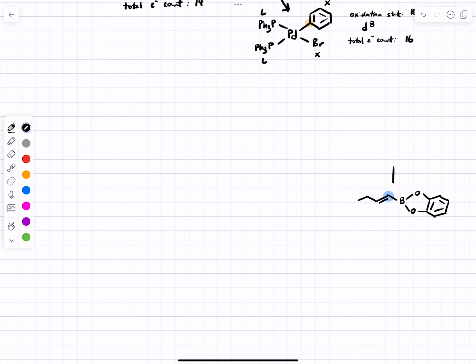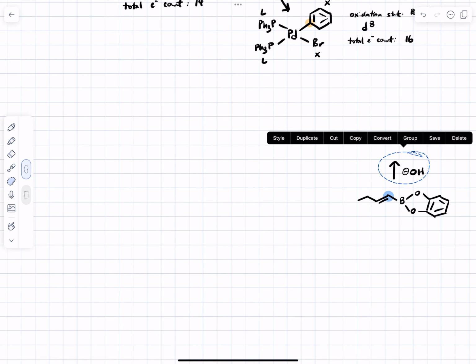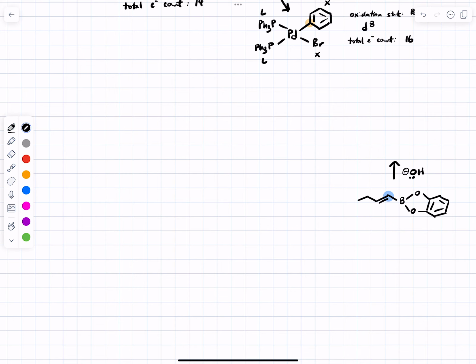And OH minus is going to add to the boron. If you wanted to push arrows for that step, it's really easy. You just have to show lone pair electrons on the negatively charged oxygen attacking boron to give you this anion.